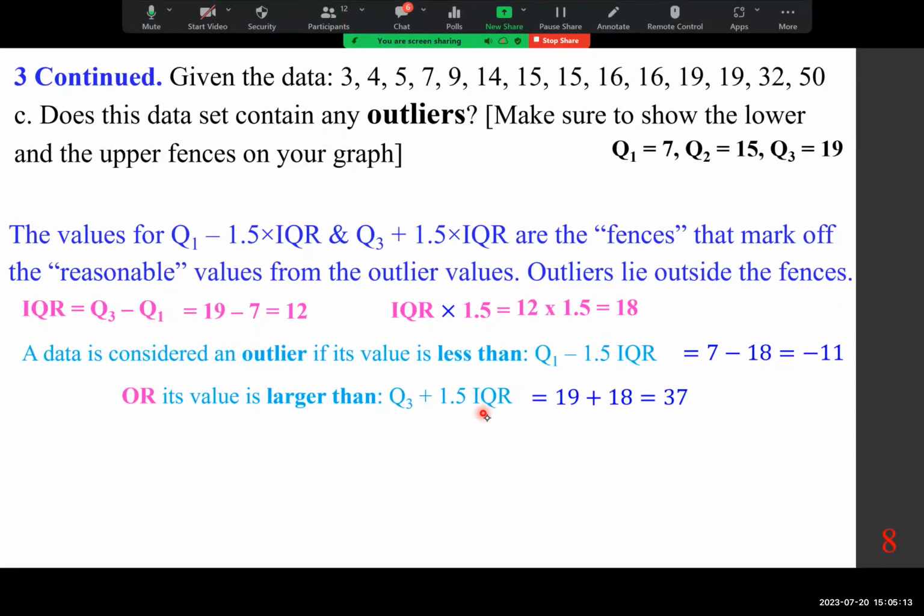They add up to 37. So any number larger than 37, or any number less than -11, is considered an outlier. Do we have any outlier? When we look at the ranked data, we see that on the left side we don't have any, but on the right side, the only one is 50 because 50 is larger than 37.